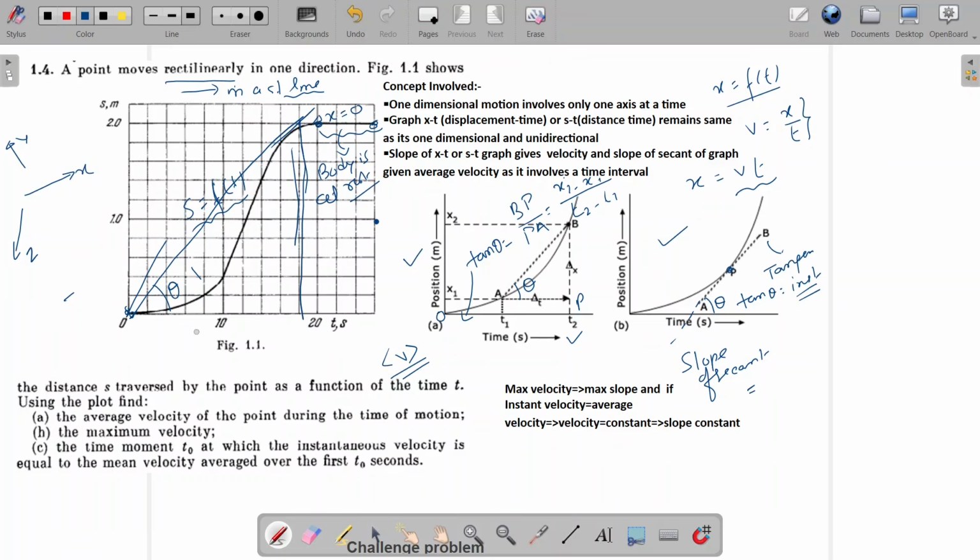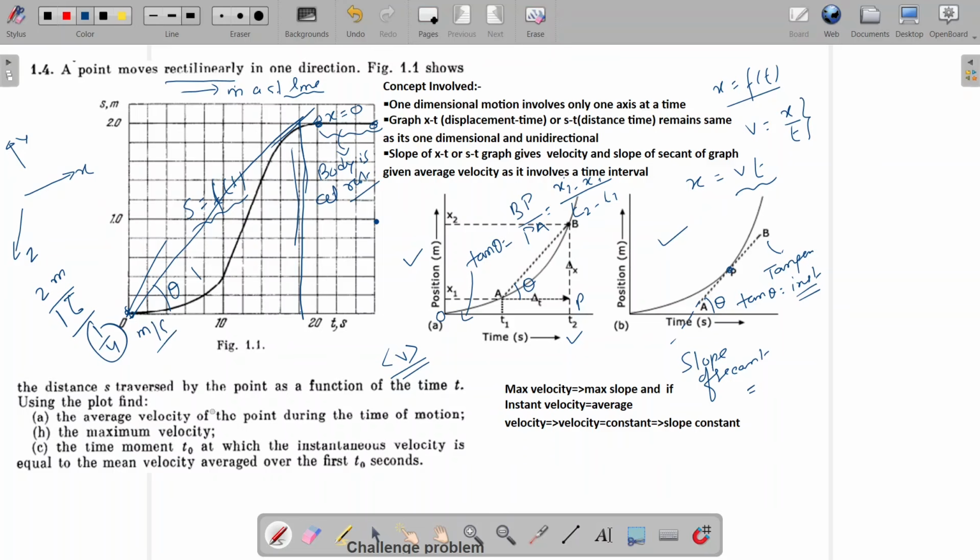Suppose this is at 2, that means 2 meters, and this is almost 16. So this is 2 by 16, that means 1 by 4 meter per second is the average velocity.